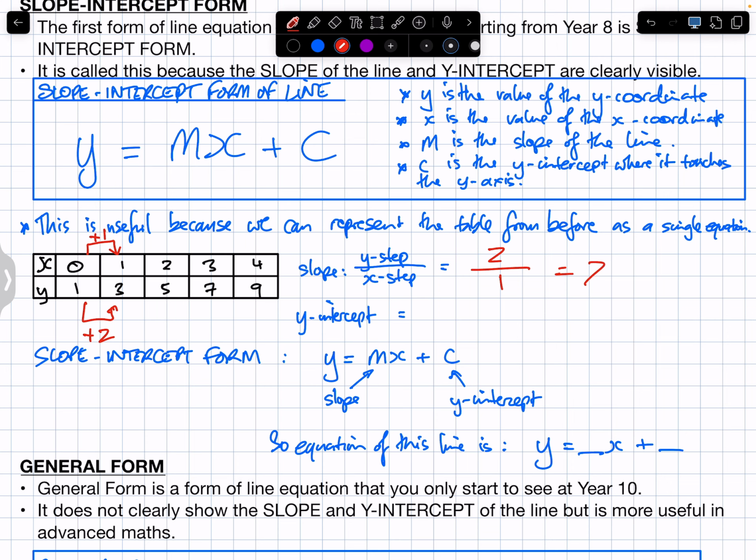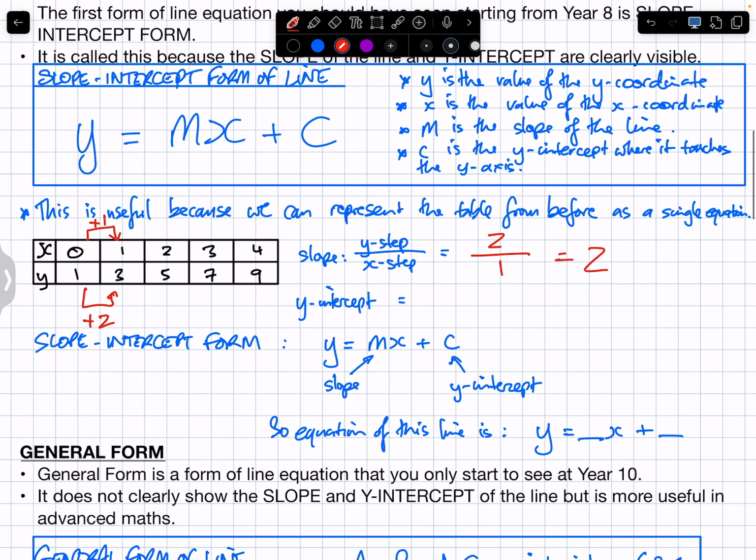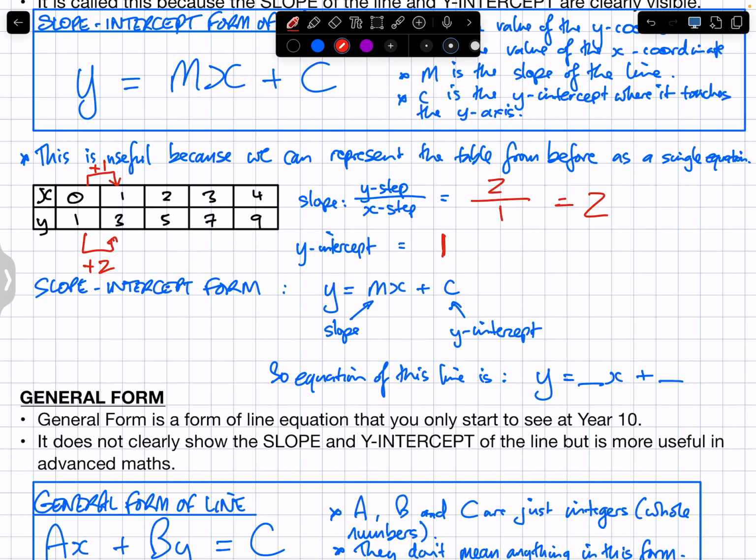So 2 over 1 is 2. I know the slope now of this line. What is the y-intercept? What is the starting value of y? 1. So the y-intercept of this line would be 1. So now that I know the slope and the y-intercept, the equation of this line is going to be 2x plus 1. Why is that useful?